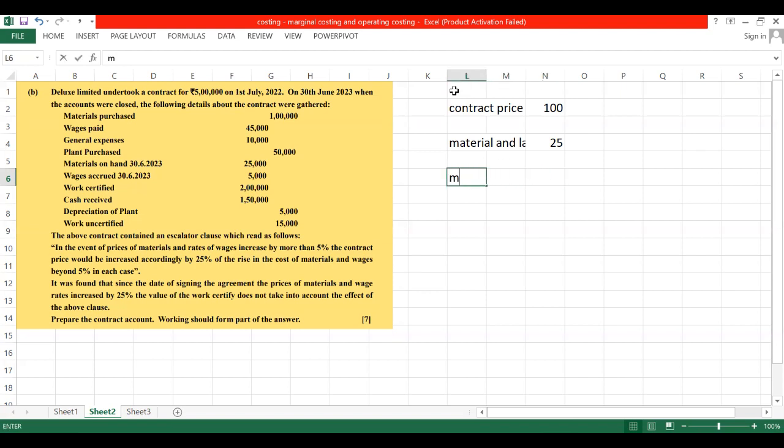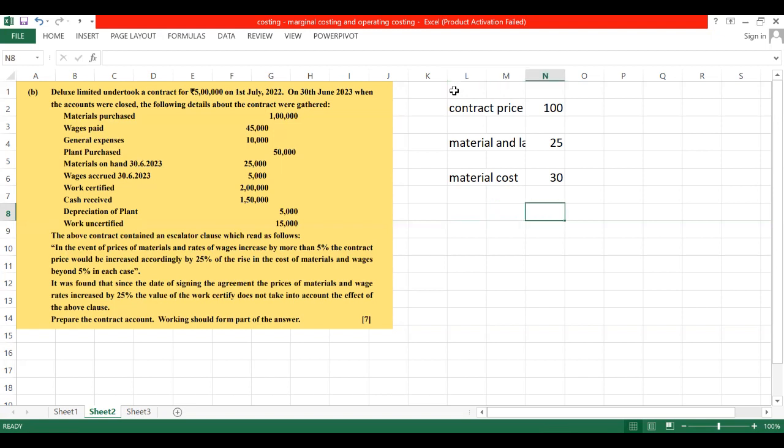So if my material cost goes from 25 to 30, and my escalation clause contains a condition that if the price of material increases beyond 5%, then the contract price will also be revised accordingly.